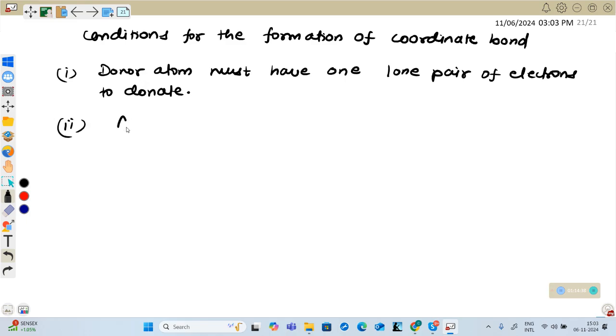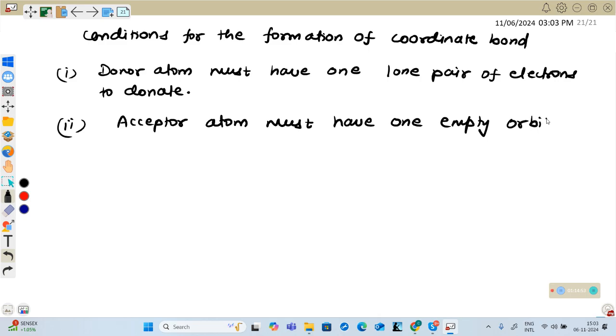Second, the acceptor atom must have one empty orbital to accept the electrons.